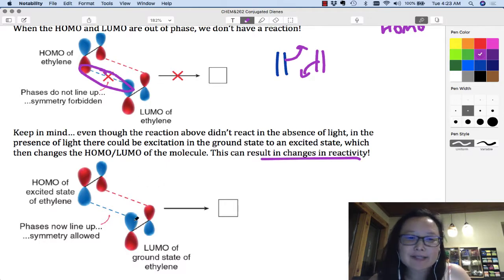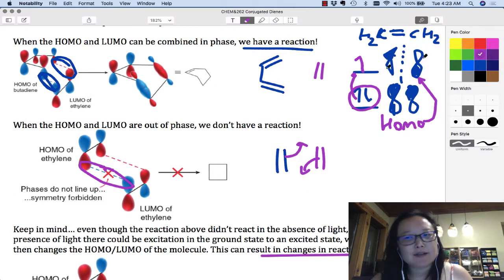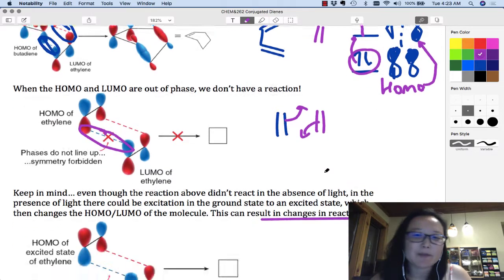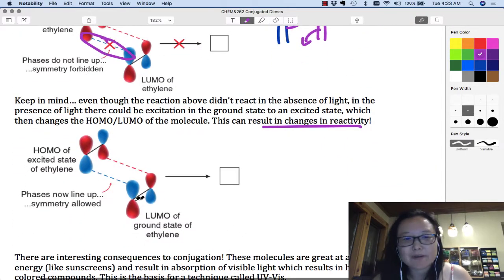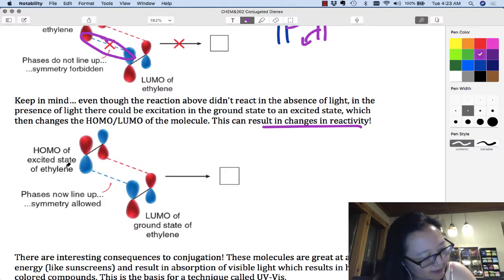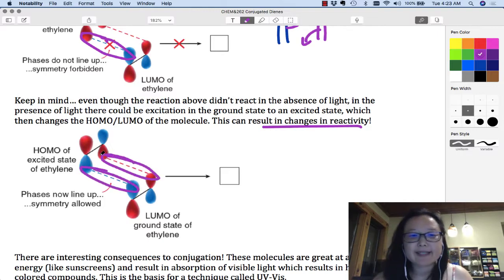But in the ground state, our LUMO was right here. So before the excitation, our LUMO was the out of phase molecular orbitals. And now you can see that the HOMO of one, when it's excited, matches for positive bonding interactions with the LUMO of a ground state ethylene, that is an ethylene that's not excited. So that means that you can get a reaction.